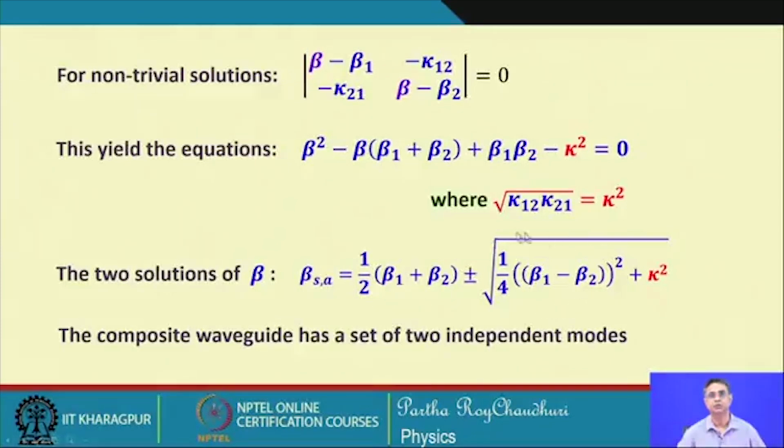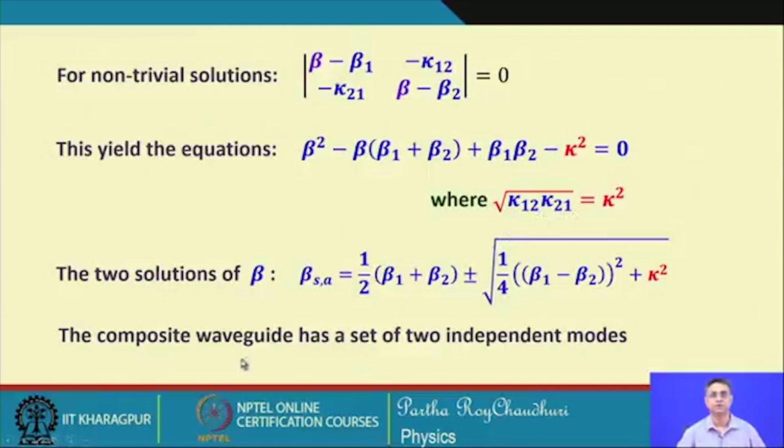So, you have two values of beta, half of beta 1 plus beta 2 and 1/4 of the difference, that is delta beta square plus kappa square, where this kappa square is under root of this kappa 12 into kappa 21.